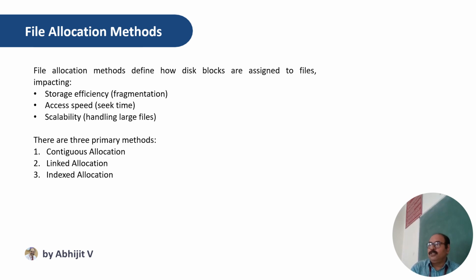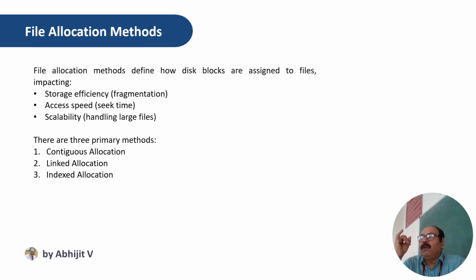File allocation methods define how disk blocks are assigned to files, impacting storage efficiency, access speed, and the third point, scalability.